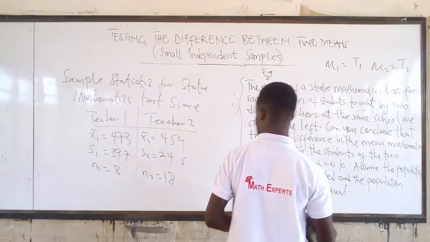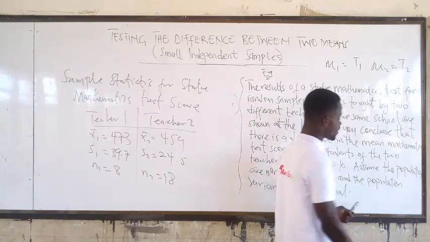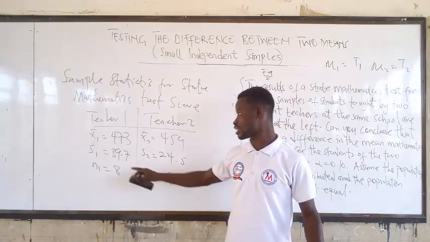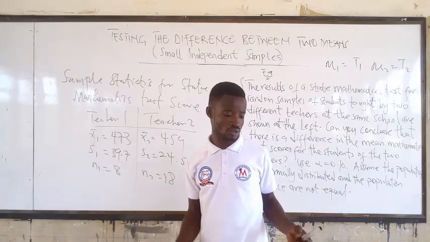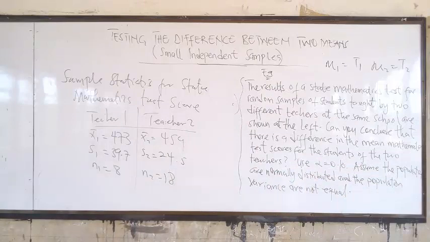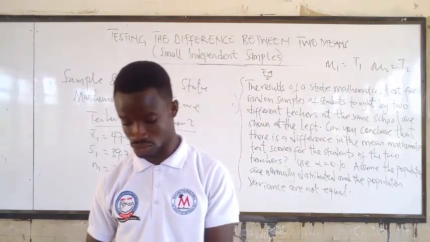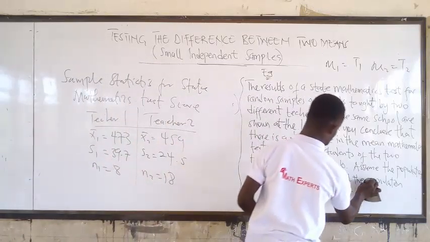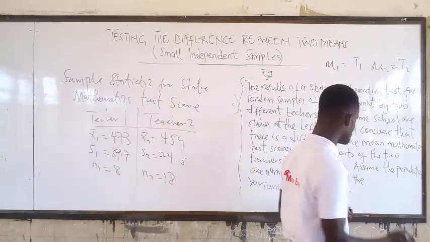So this one's supposed to be the sample. In fact, whether population or sample, you can use either one; you just have to know that you're doing the right thing, because the formulas are the same. So let me change it to sample, but you can maintain it.